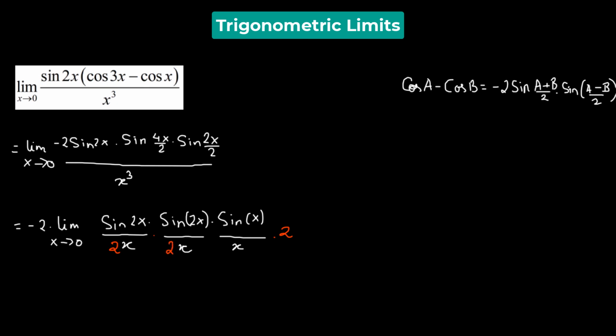Similarly, here we have to multiply x by 2, and then we multiply 2 to the entire function. So we have negative 2 times 2 times 2, so that is going to give us negative 8, and the limiting value of each of the functions is going to be 1. So this gives us the limiting value of the given function as negative 8.